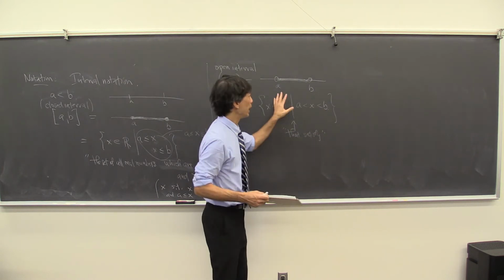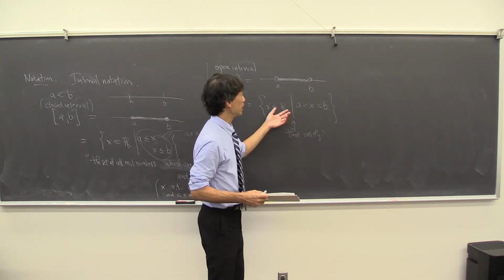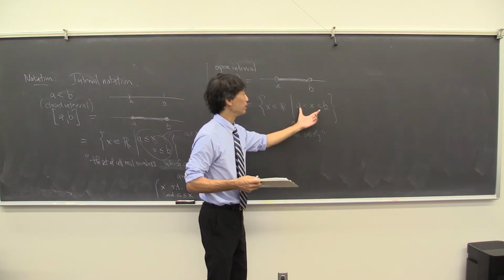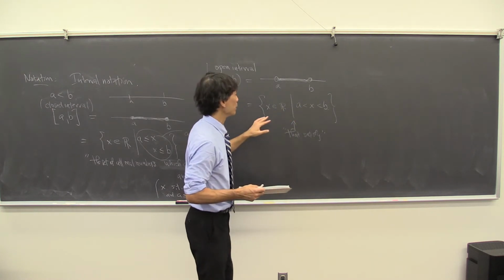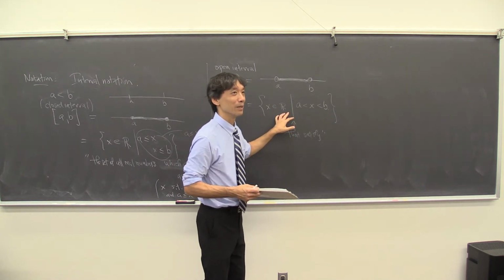So you've got to have this left-hand side. Otherwise, the right-hand side doesn't really make sense, because it's a set of what? This relation? You're putting the adjective in, but you have no subject.